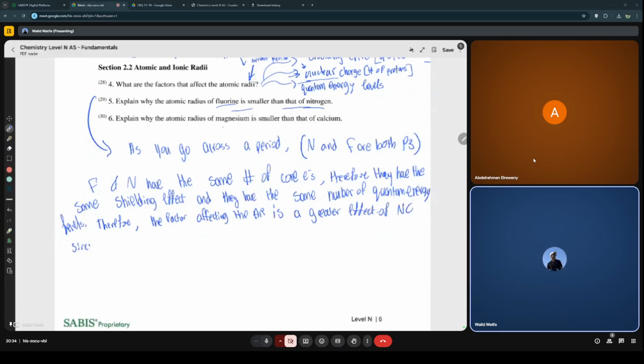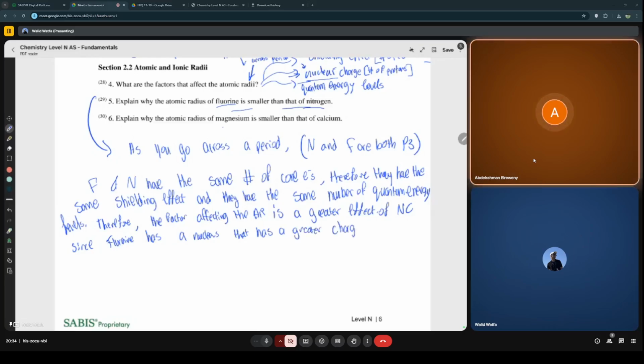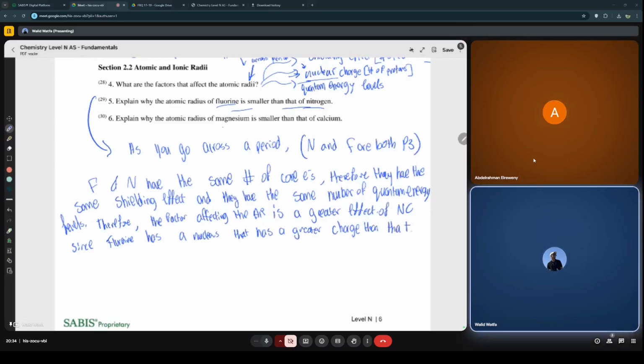Since fluorine has a nucleus that has a greater charge, can we say there's more nuclear attraction? Yes, I'm going to get there. That has a greater charge than that of nitrogen.